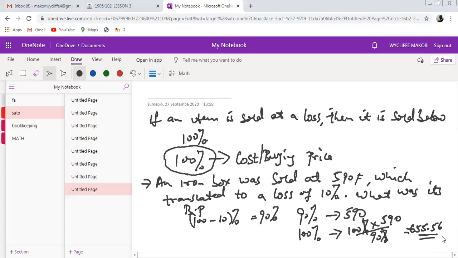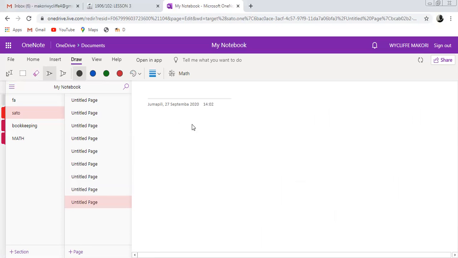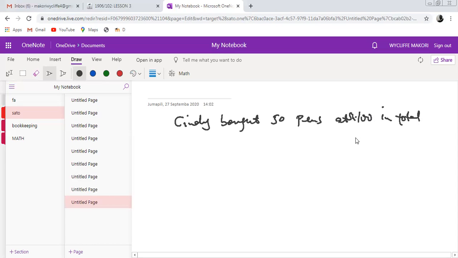There's this question that says, Cindy bought 50 pens at 100 shillings. This is in total. The total amount that was spent to acquire the 50 pens was 100.